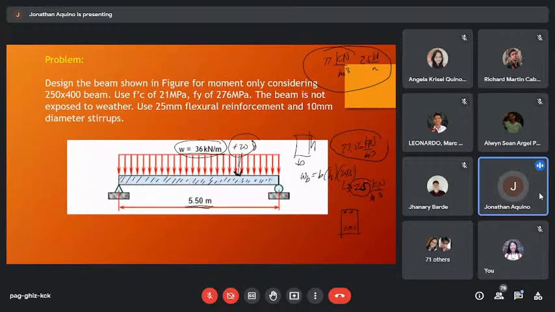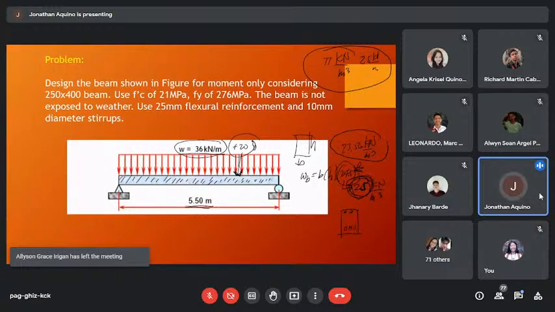So yung 25 na to, for heavily reinforced beam, pwedeng 25. But for standard beam, you can use 24.5. Anyway, during the exam naman, I will include what will be the unit weight of the beam to be used.